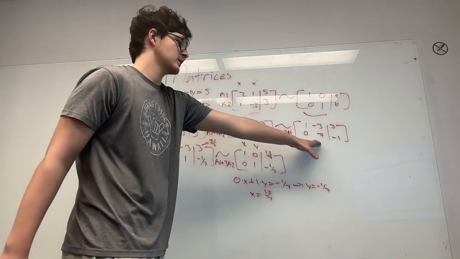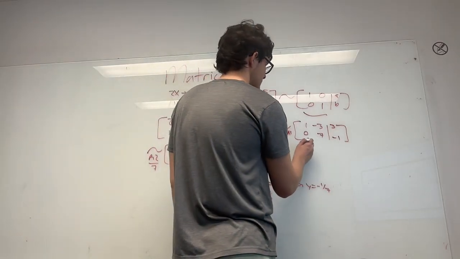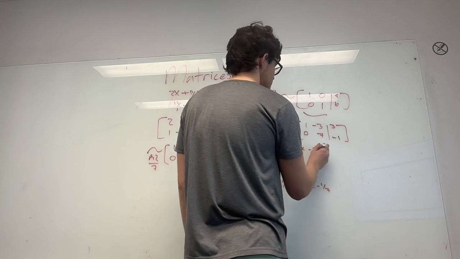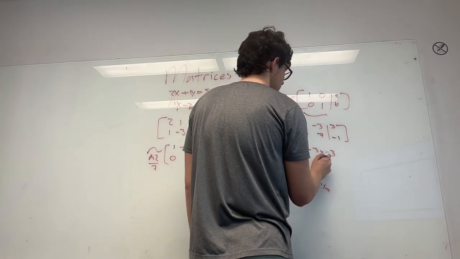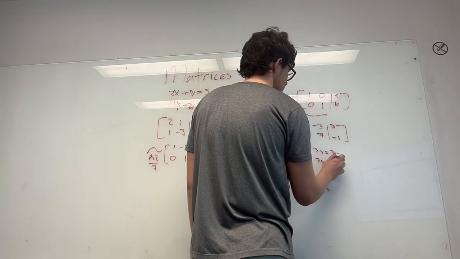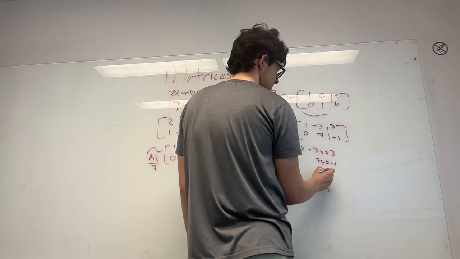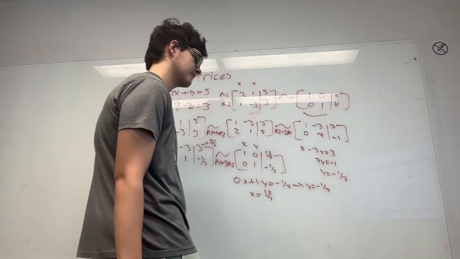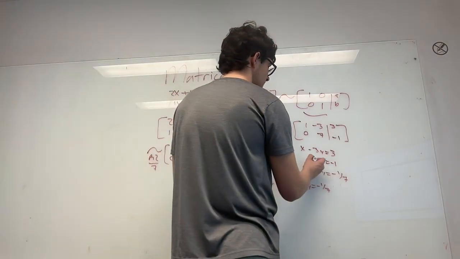Now, how can we solve it from here? Well, we can just write out the equation again. This is kind of checking myself here. x minus 3 times y equals 3, and then 7y equals minus 1. Okay, so we're going to start here because we just have one variable. So y equals minus 1/7. Well, that's what we got right there. That's good. Then we plug that in up here.